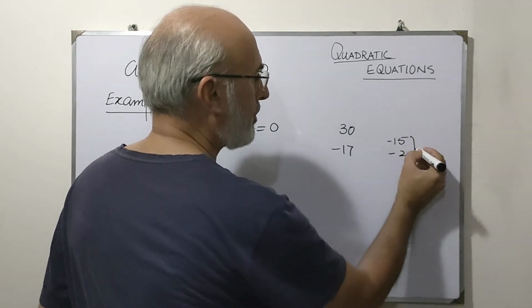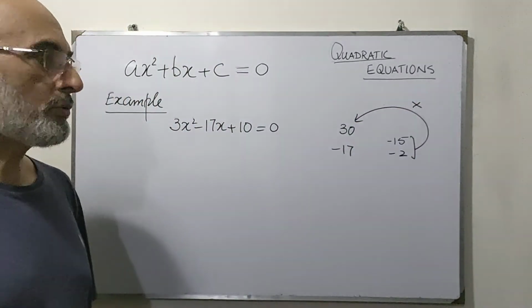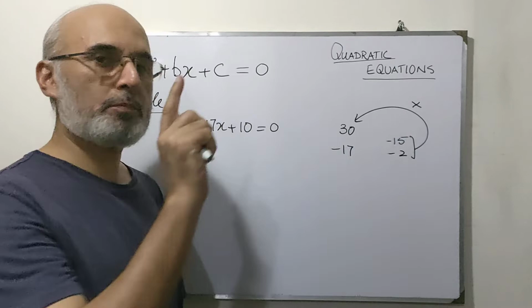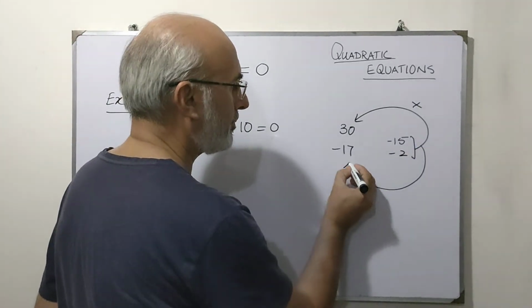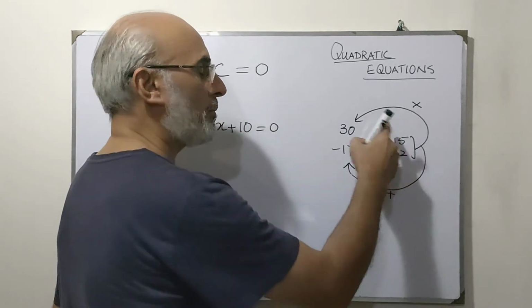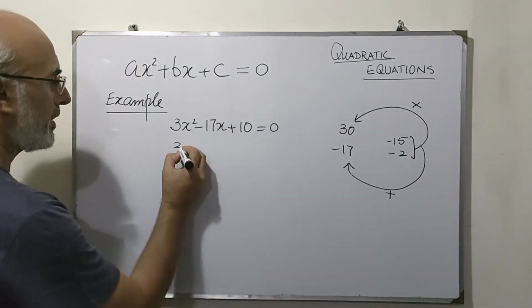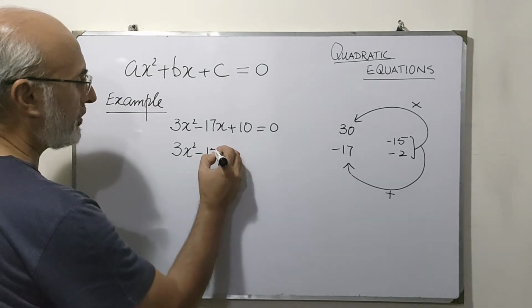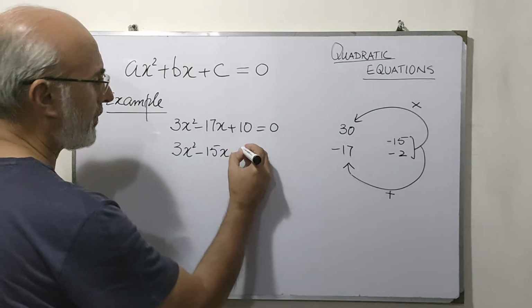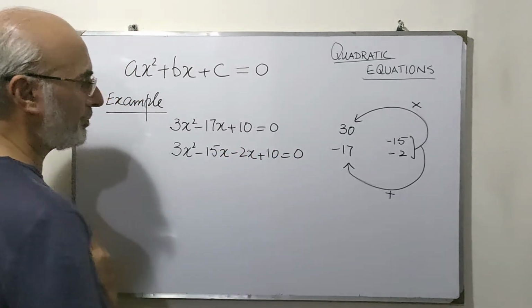So when I multiply them, minus into minus becomes positive, and I'm going to get 30. And when I add them, minus minus is plus, right? So I get minus 17. So 3x square minus 15x minus 2x plus 10 equals 0.